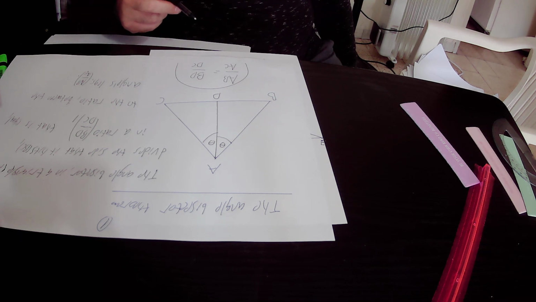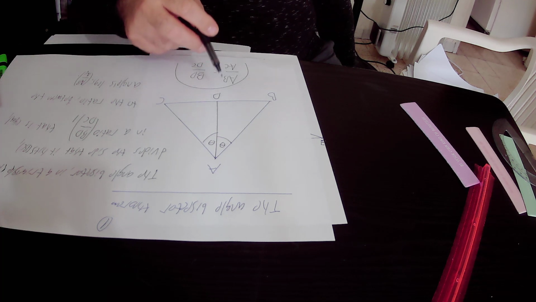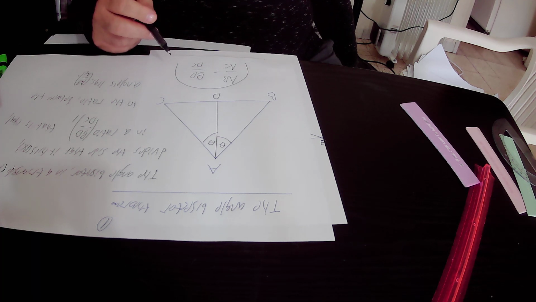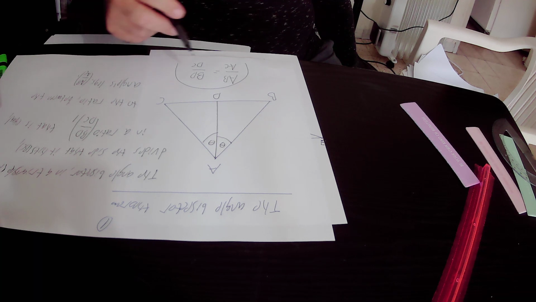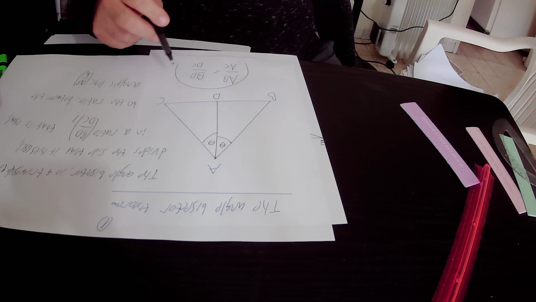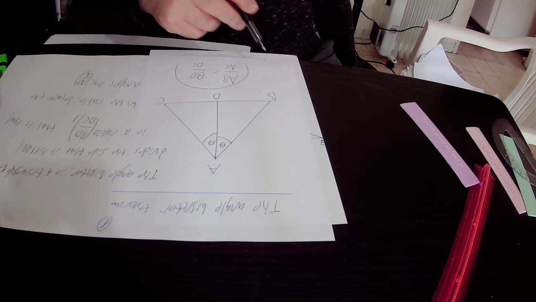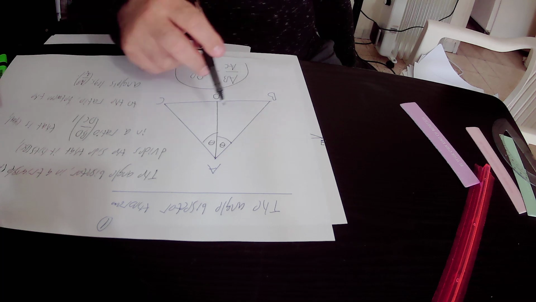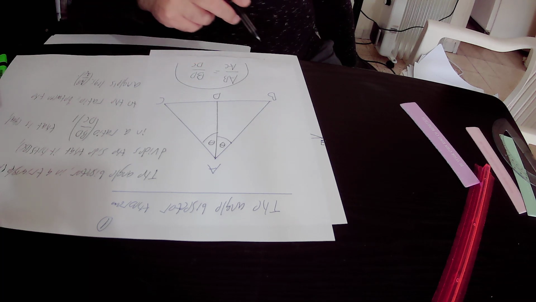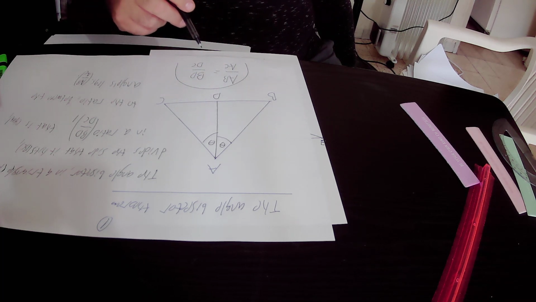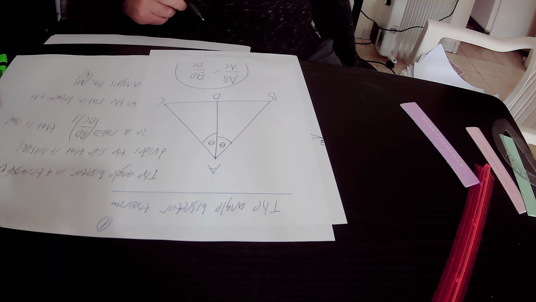And that ratio equals the ratio that angle bisector AD divides side BC, which is BD over DC. So in conclusion, AB over AC equals BD over DC.